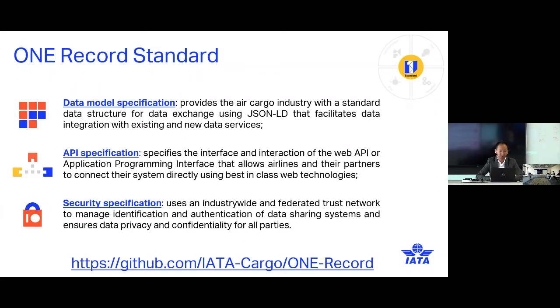And lastly, the security specifications will describe requirements to have a federated trust network and to ensure that the data exchange between the different parties can be done in a secure manner and ensure data privacy and confidentiality for all the different parties.